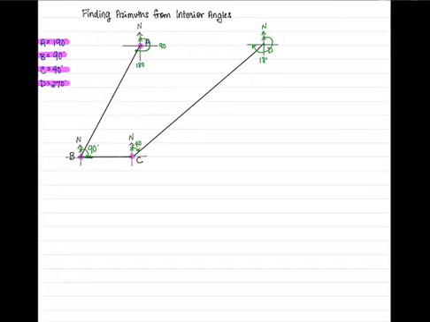This is 180, this is 270. So I know to draw my line from here to here, connecting A to D. And that is how you find azimuths from interior angles and how you draw a traverse from the azimuths.